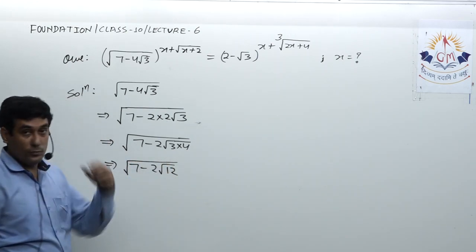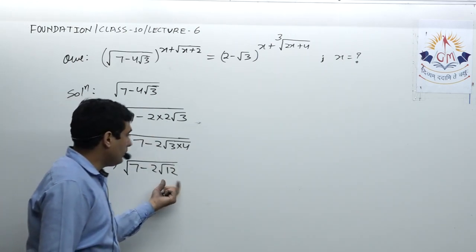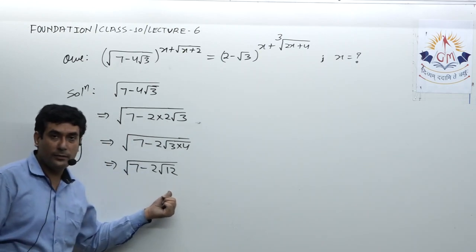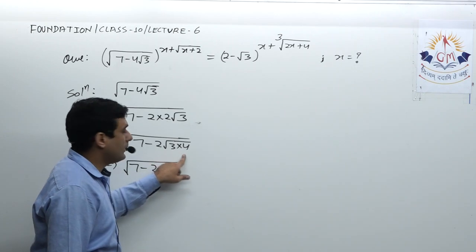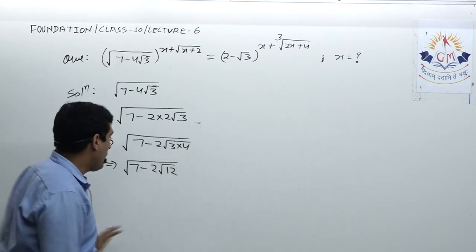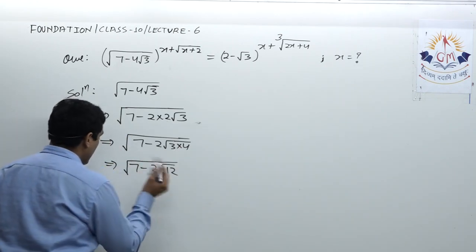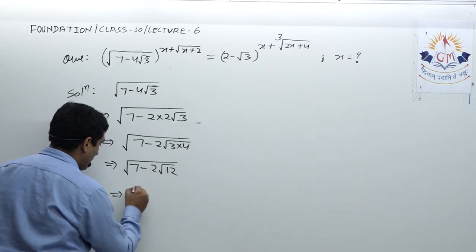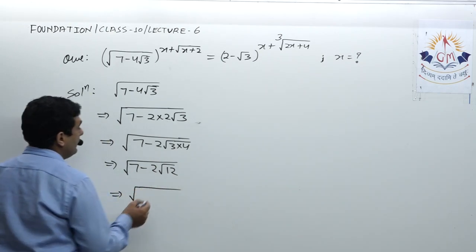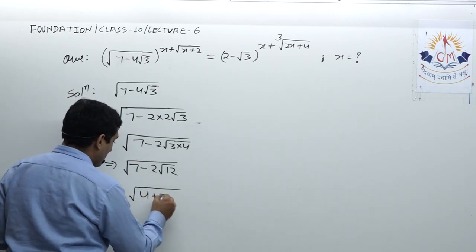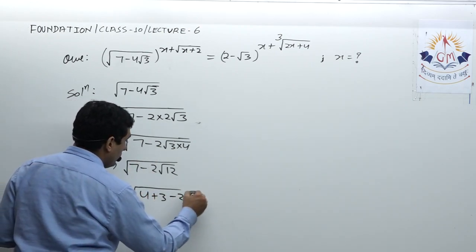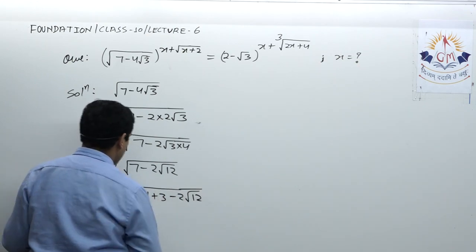Now we have to think about two numbers such that their product is 12 and their sum is 7. Actually I can see these two numbers are 3 and 4. So here I can write 4 plus 3 minus 2 root 12.